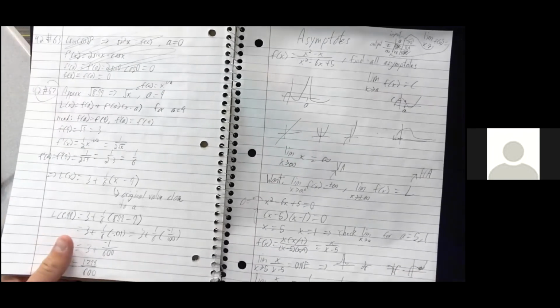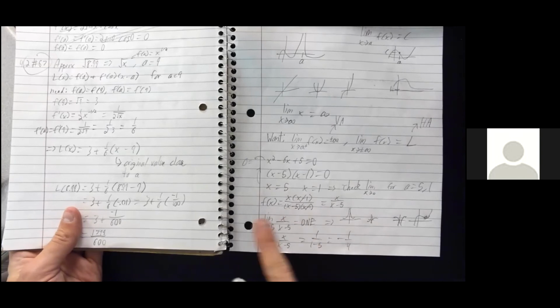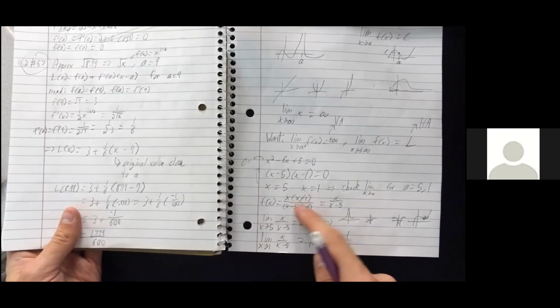So let's investigate on this page. Sorry, I need to go to a new page. So we're looking into the limit as x approaches 5 of x over x minus 5.